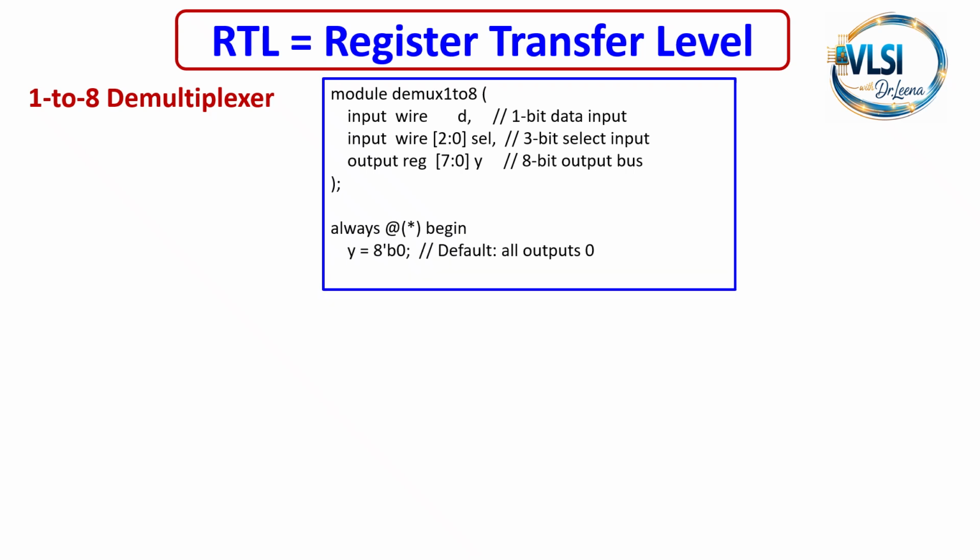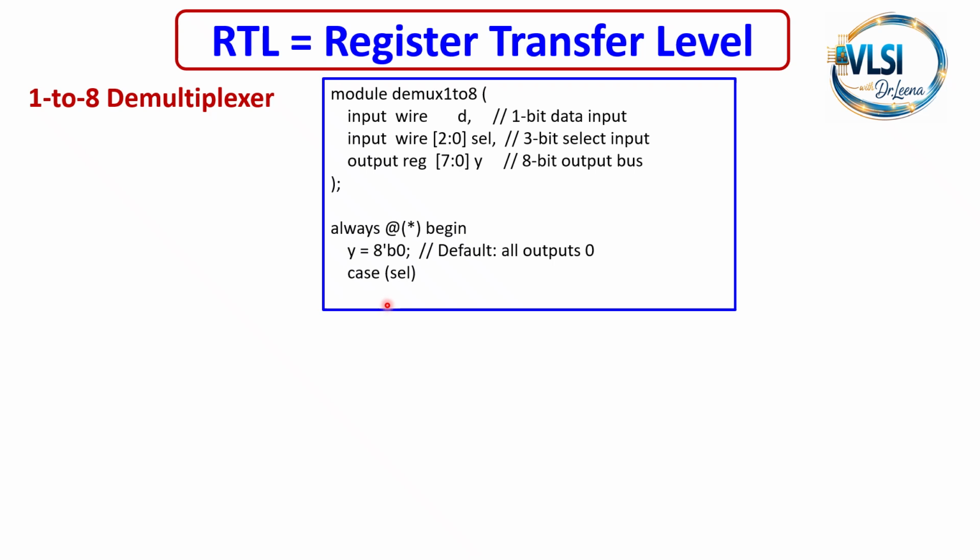And the next thing which we are going to give is Y is equal to 8-bit binary 0. Why are we assigning this? We have already seen it in the previous video, that is, first it sets all 8 outputs to 0 by default to avoid the latch creation.